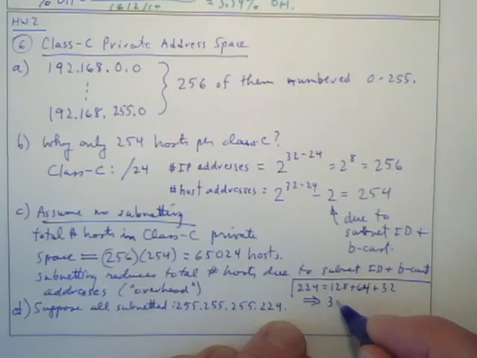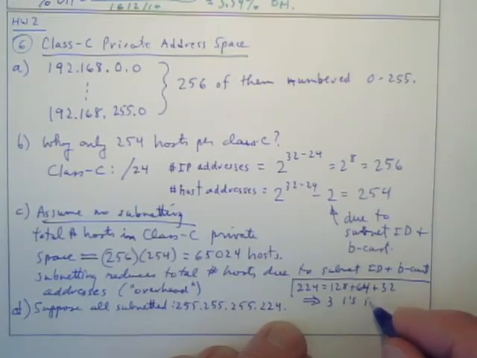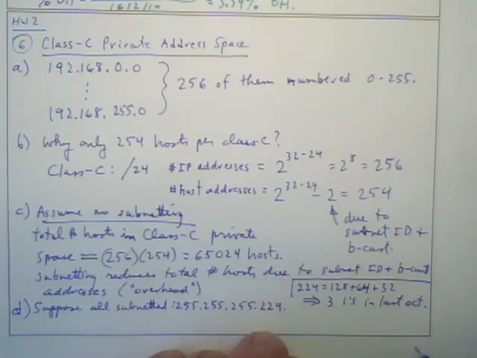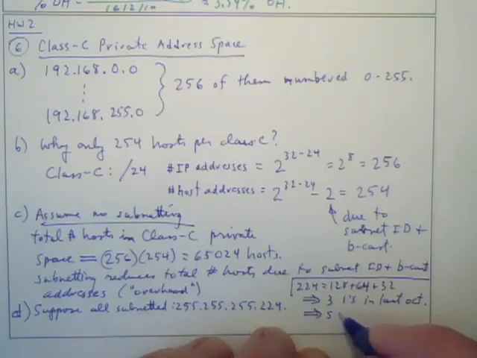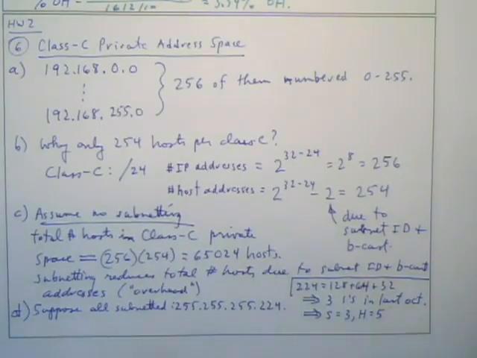In the last octet. And that means that our S value is 3 and our H value is 5, using the notation that we've established for subnetting.